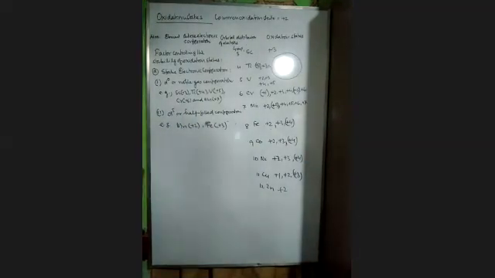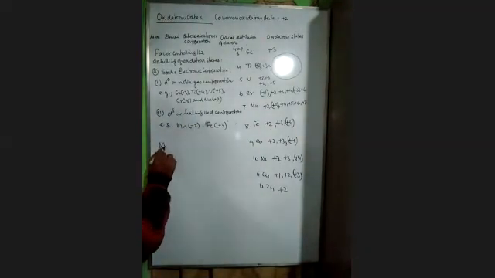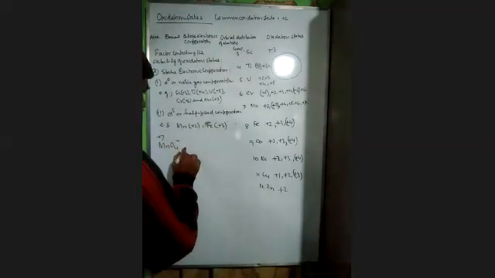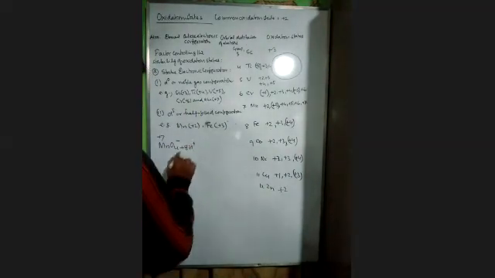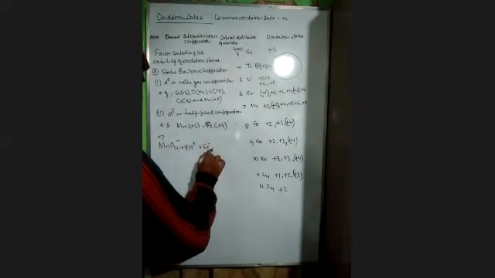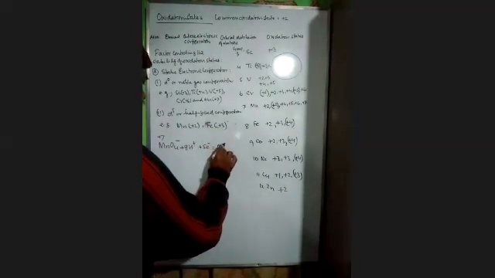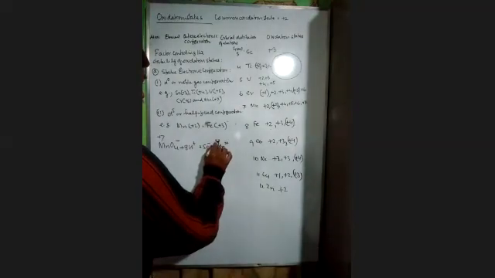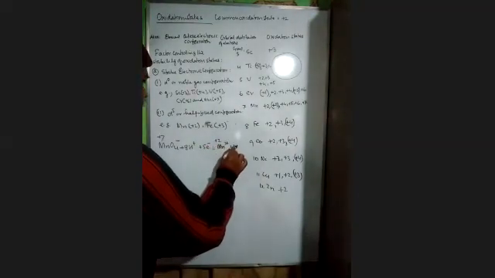Remember, we have done redox reaction. I don't know whether you still remember. Okay, we have written here now 8H plus 5 electron. It gives us Mn2 plus 2 and 4H2O.